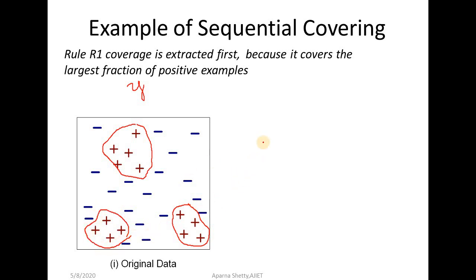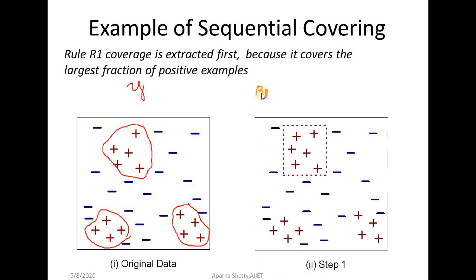After step 1, we generate a new rule R1 for this class Y. So rule R1 has been generated for class label Y. Our next job is to remove the records that are triggered.